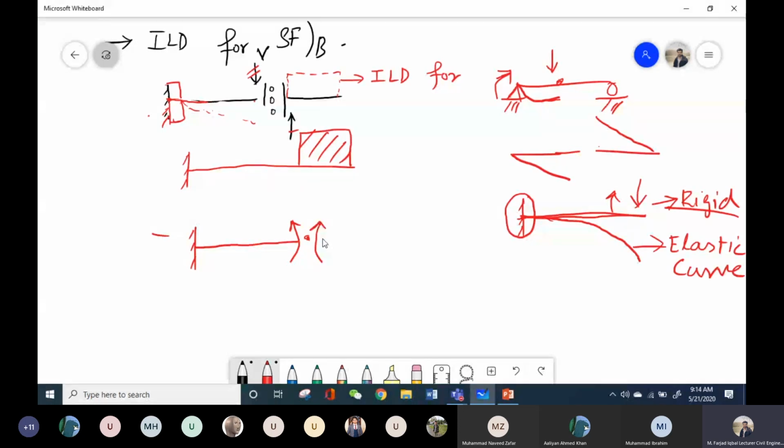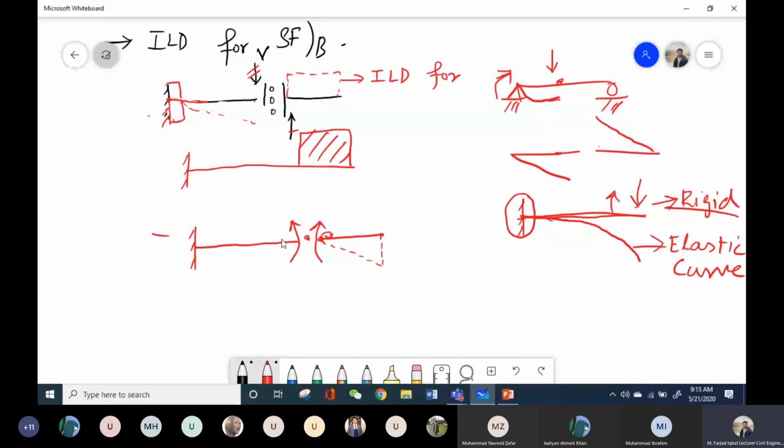Now, as we also solved one similar problem in the last lecture, we will consider this as our pivot point and apply the moment at this point and see how this member will deflect. Obviously, this member is going to deflect something like this in a triangular shape. And on the right side, the same scenario will apply as in this question.